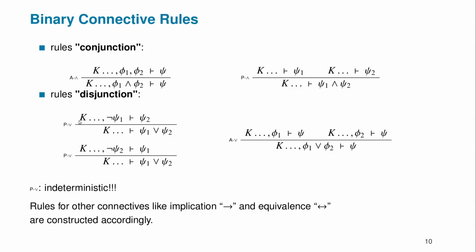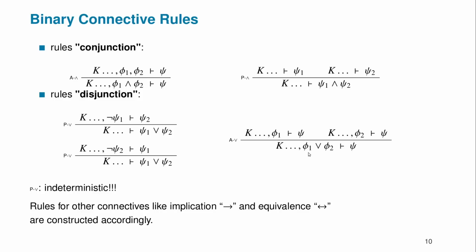Okay, then now for the disjunction. Let's start with having the disjunction in the assumptions. Here we have now the case split, because if this disjunction phi1 or phi2 is true, then this can be because phi1 is true, or it can be because phi2 is true.